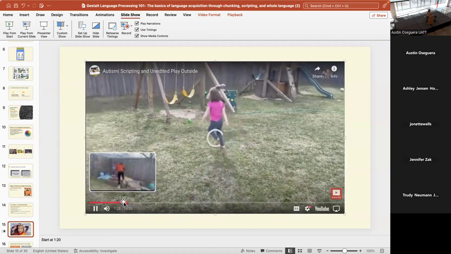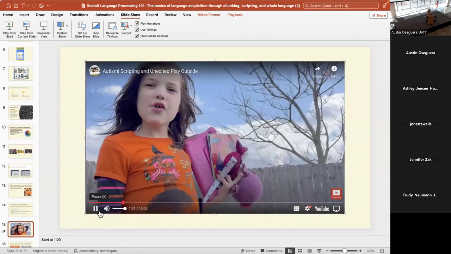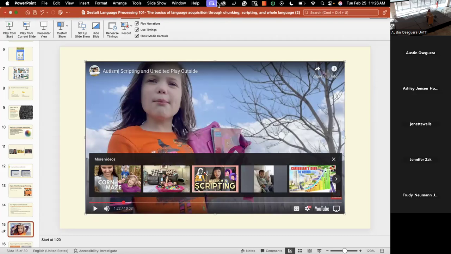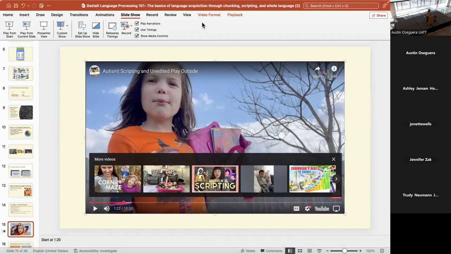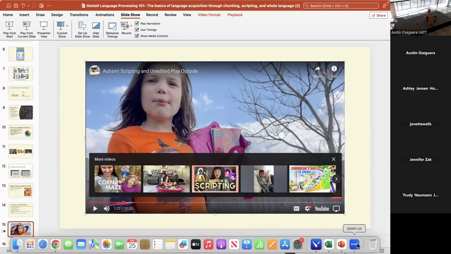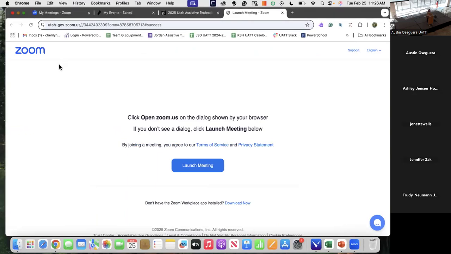Bear with me here for a second, because when I put it on Zoom, I forgot that I have to make sure my settings are right.